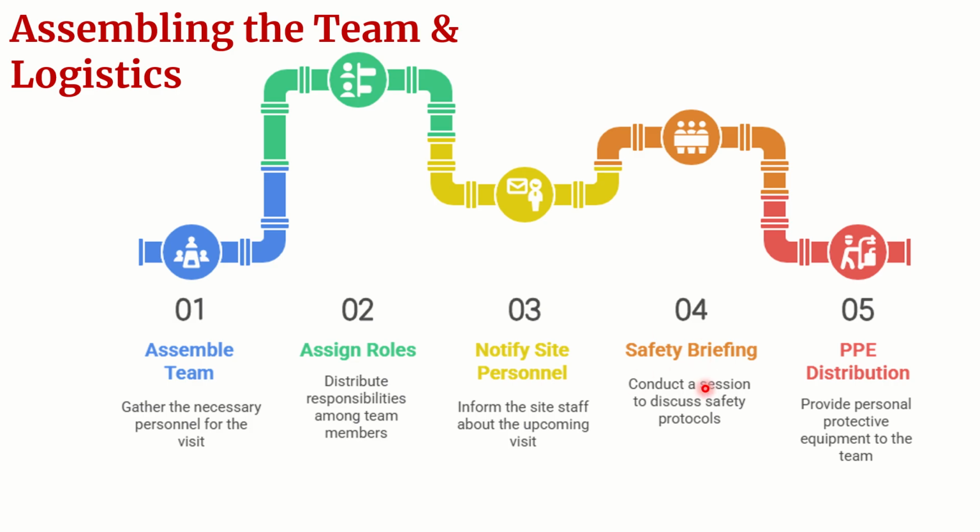Then safety briefing: understand the site specific safety rules and also ensure all the team members have and wear appropriate personal protective equipments like a helmet, safety glasses, goggles, steel-toed boots. So all these things you have to ensure. Then logistics: plan the route through the facility, considering the process flow and the potential hazards, and also ensure the access to relevant area and personnel.